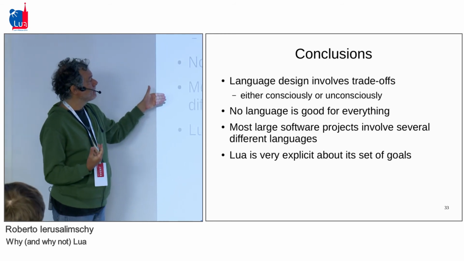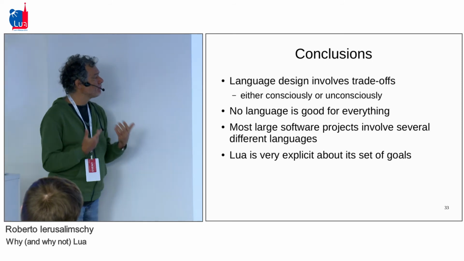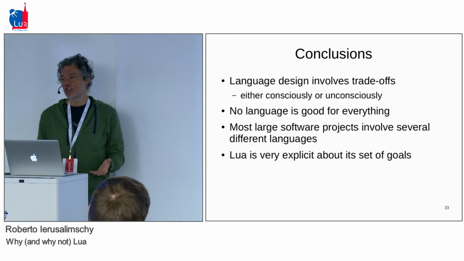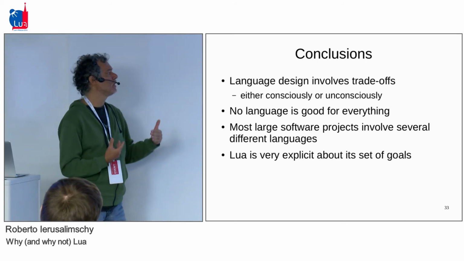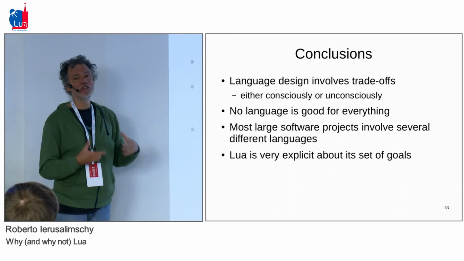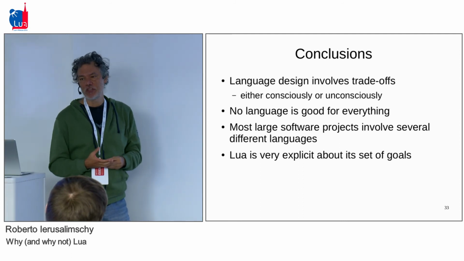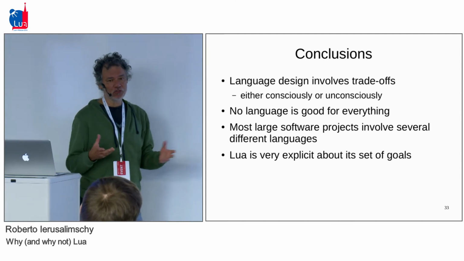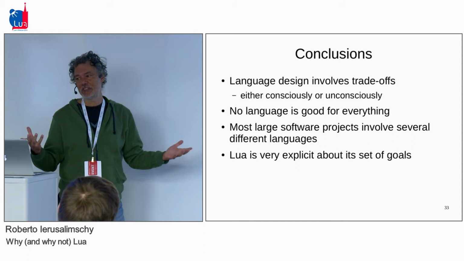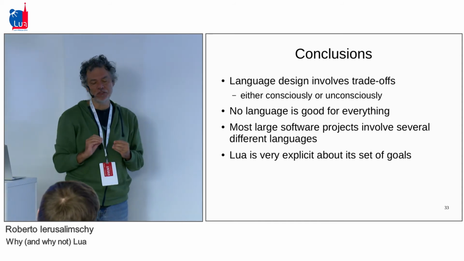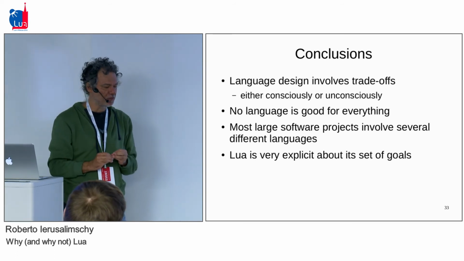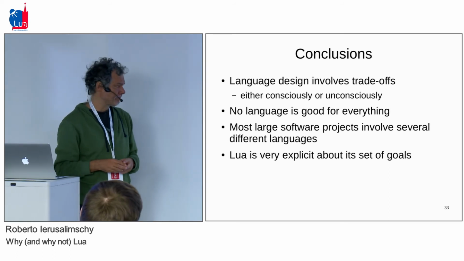And again, as I said in the beginning, for real software engineers, you have to use different languages. Most large software projects involve several different languages. It's very common for a project to have 4 or 5 different ones: one language in the browser, one in the server, another in the database part, and so on.